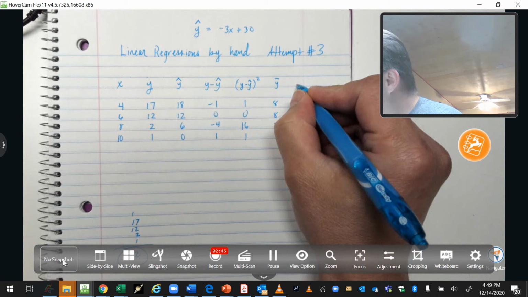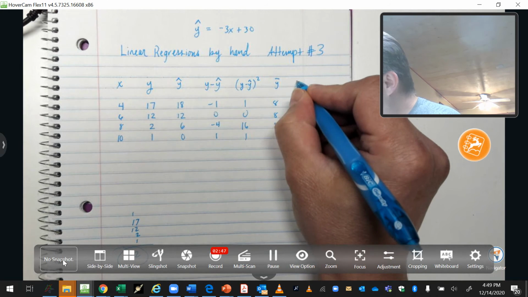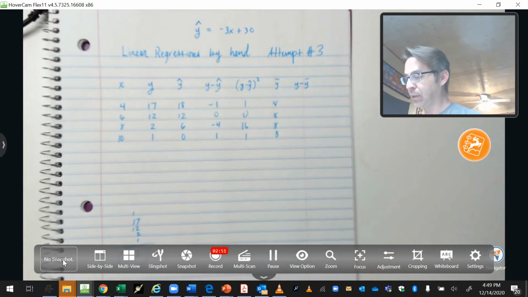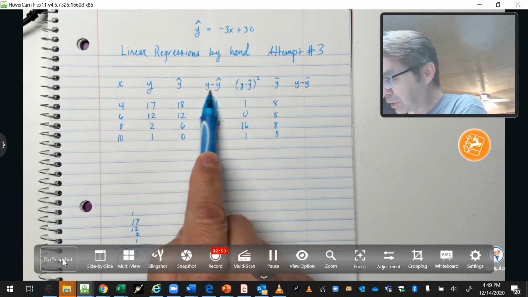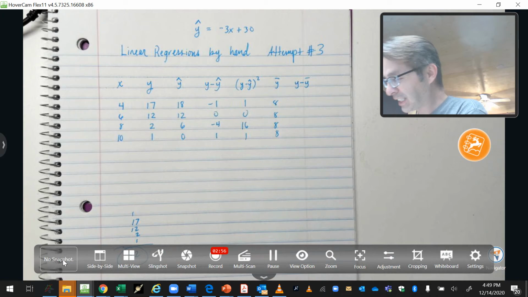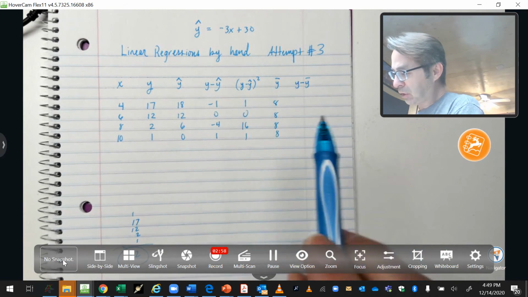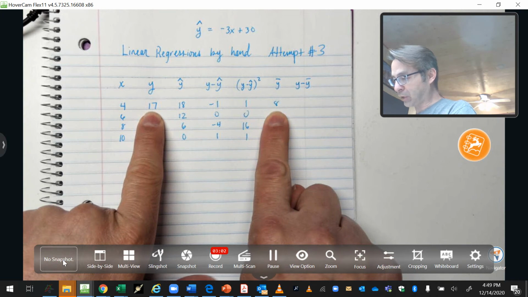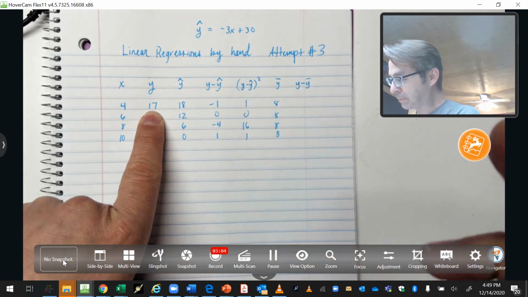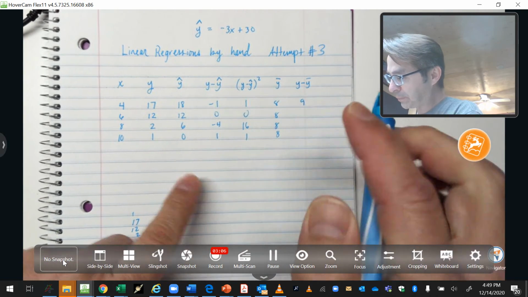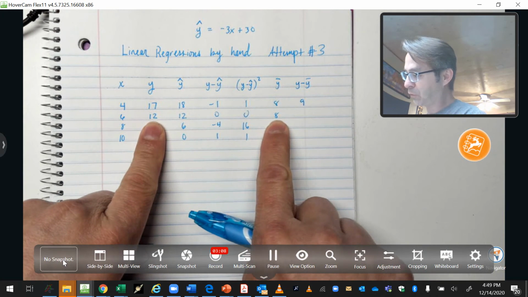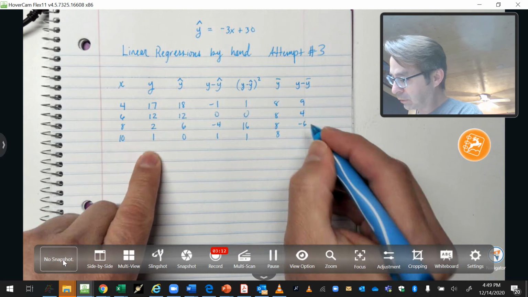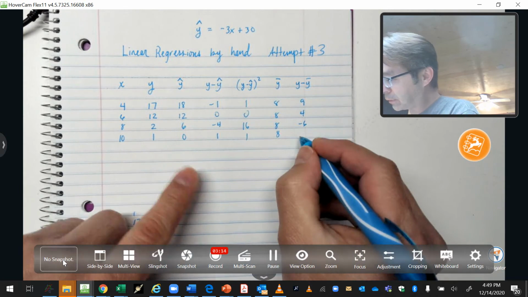Okay. Then, the deviations. That's when you take the y value and subtract the average y value. So these are called the residuals. These are called the deviations. So y minus average y value. 17 minus 8, 9. 12 minus 8, 4. 2 minus 8, -6. 1 minus 8, -7.